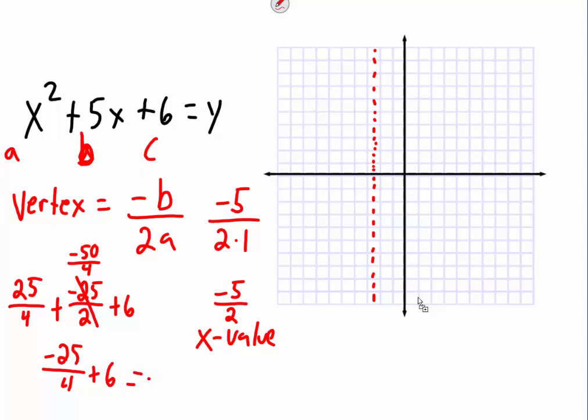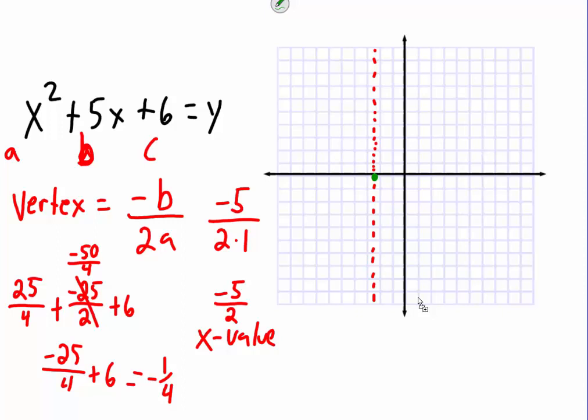So it's actually equal to negative 1/4. I would definitely encourage a calculator with fraction capability for something like that, because there's a whole bunch of places I could have made a mistake there. So, negative 1/4. Somewhere right about here is where our vertex is.